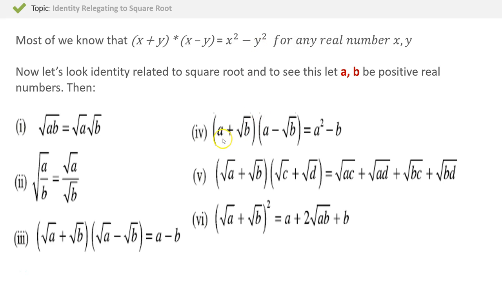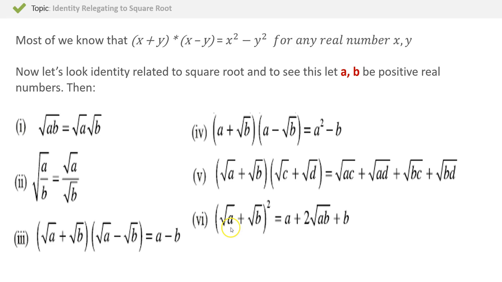Similarly, when you have a plus the square root of b multiplied by a minus the square root of b, what you get is a squared minus b. Now when you multiply the square root of a plus the square root of b by the square root of c plus the square root of d, what you get is the square root of ac plus the square root of ad plus the square root of bc plus the square root of bd.